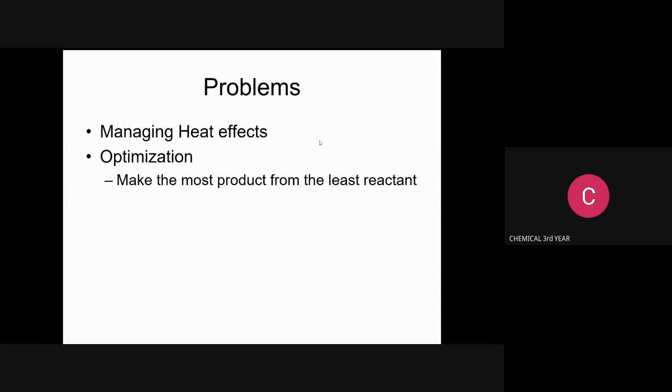In reactor designs, managing heat is the biggest problem. We have to reduce the heat, or else convert it into other useful products by using the heat. And the final one is optimization.